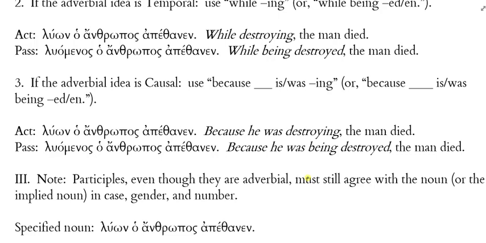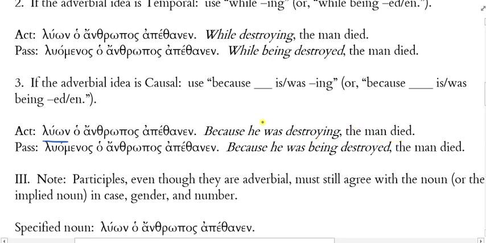So if you see a participle and it's causal, then the participle is giving you the reason. So look at this example here. Luon ho anthropos apethanen. If it's clear from the context that this is a causal use of the participle, then it would be something like, because he was destroying, the man died.